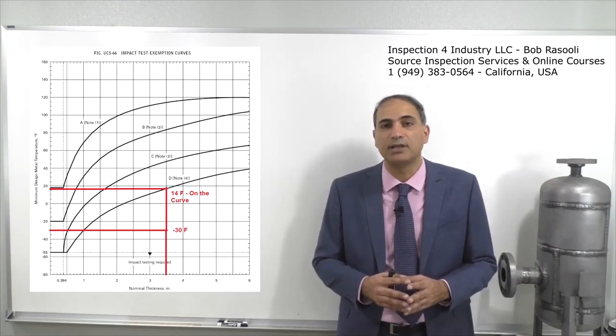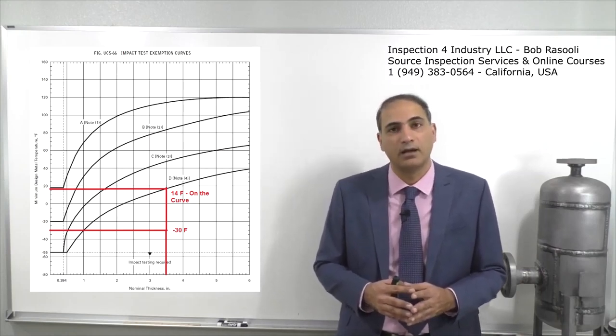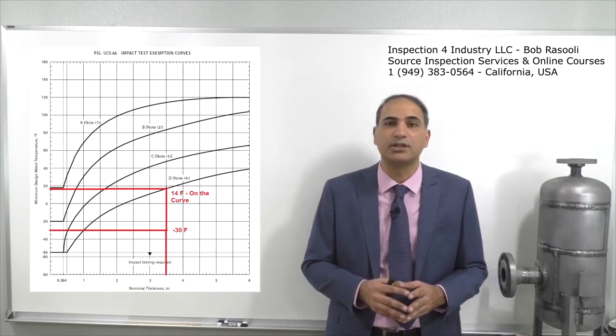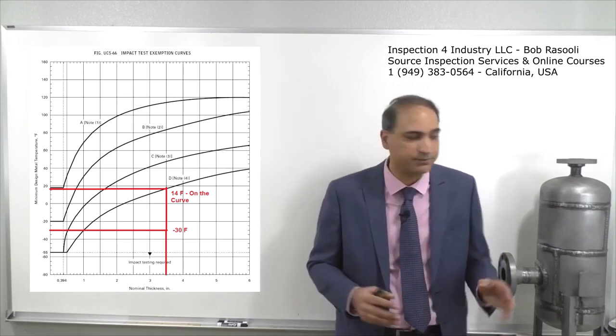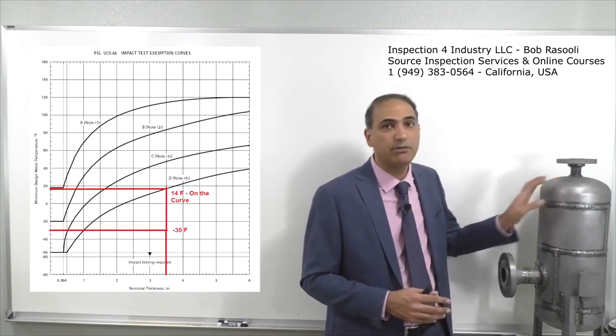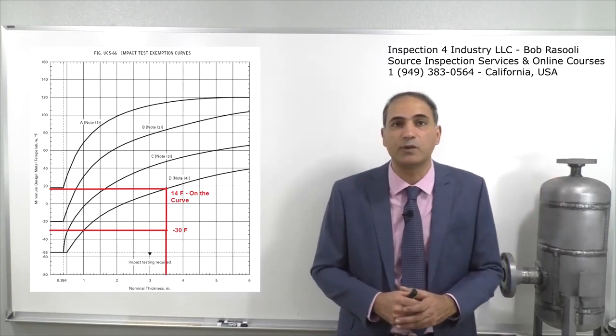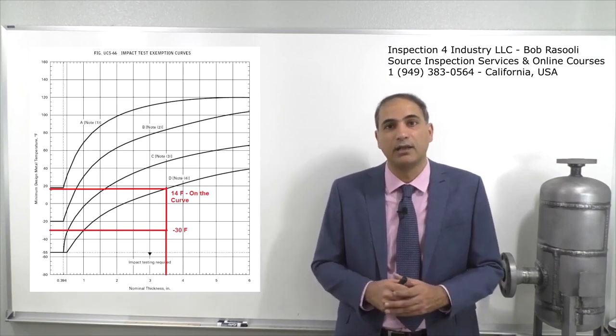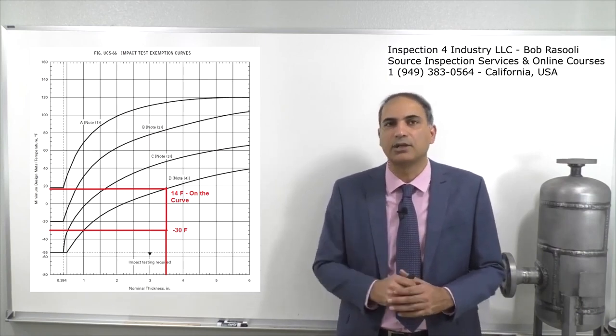But if you look, there are 2 points on the red line I drew on this curve. One of them is minus 30 degrees Fahrenheit, which is my minimum design metal temperature for this pressure vessel, and the other one is 14 degrees Fahrenheit, which is exactly on the curve.